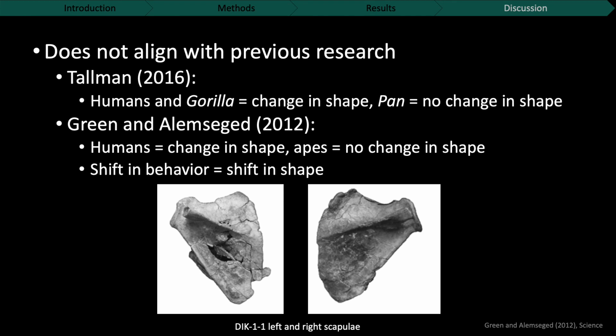However, if I were presented with the same fossil hominin results in the context of my data set, I would come to the opposite conclusion of Green and Alemseged. In the context of my data, the fact that this juvenile fossil shows no shape change would make it human-like in its development instead. Now, that being said, I also found that humans' lack of shape change was not statistically different from the degree of change seen in other taxa, so it would be difficult to draw conclusions.